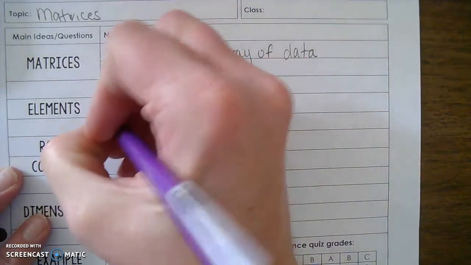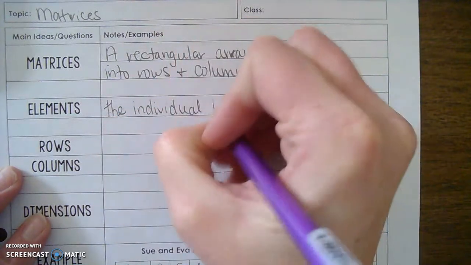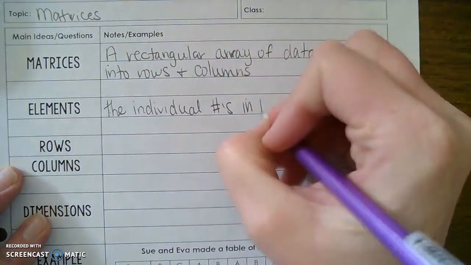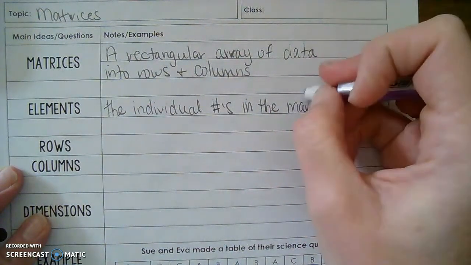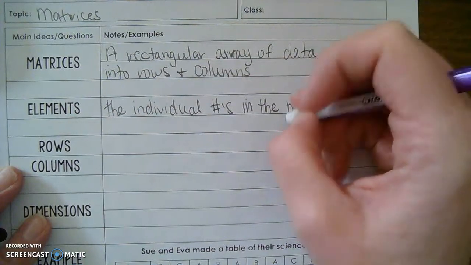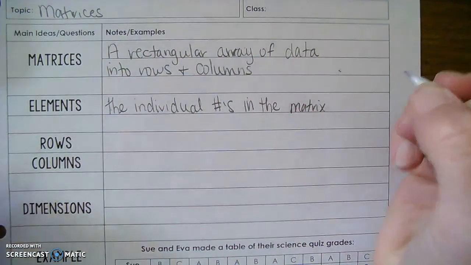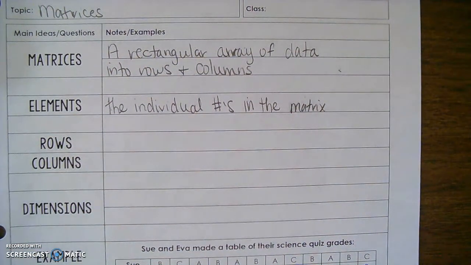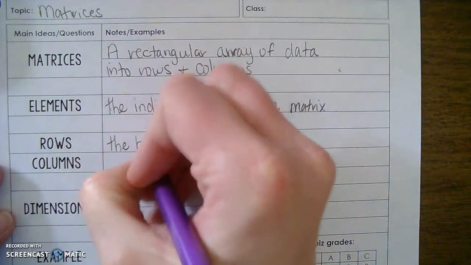Elements are the individual numbers. Rows go across. So these are the horizontal elements.